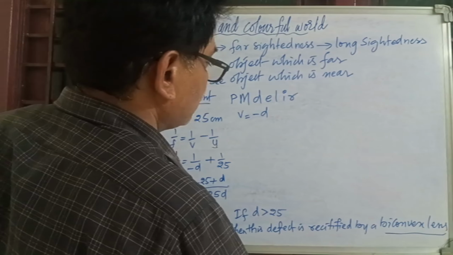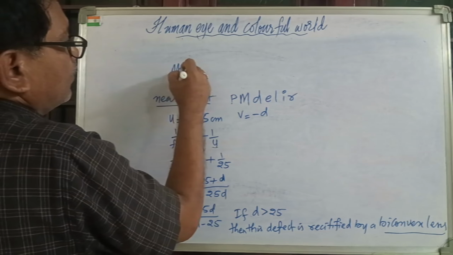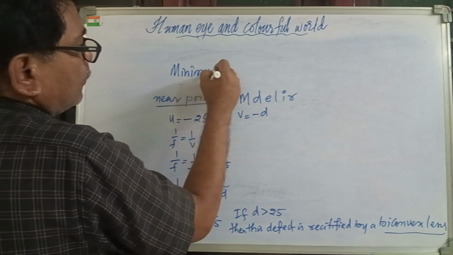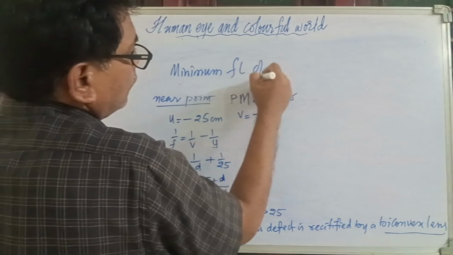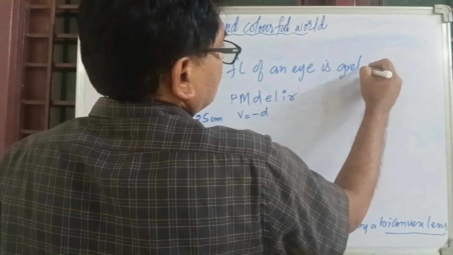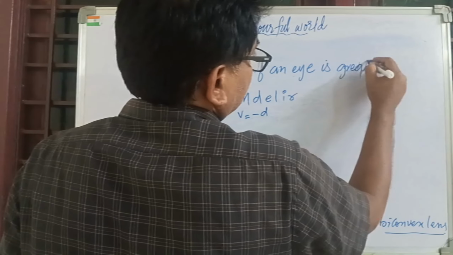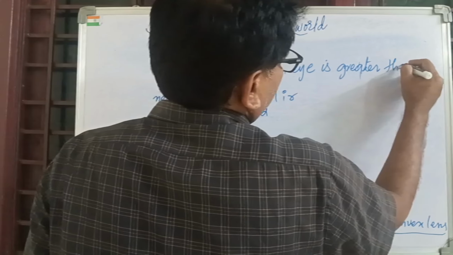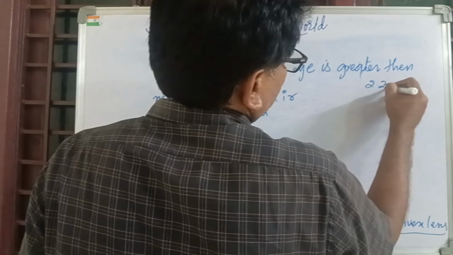And one more point I forgot to tell you: minimum focal length of eye is greater than 2.27.